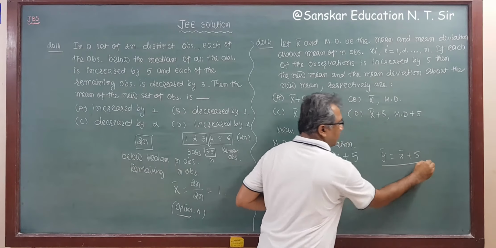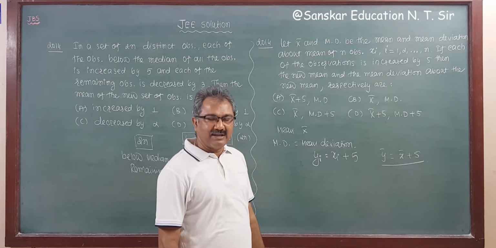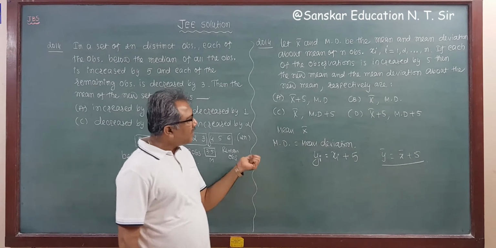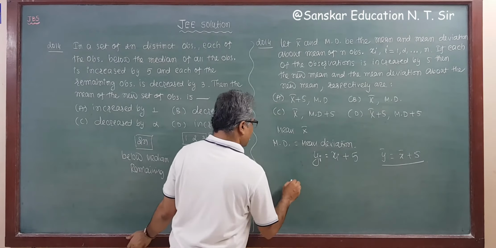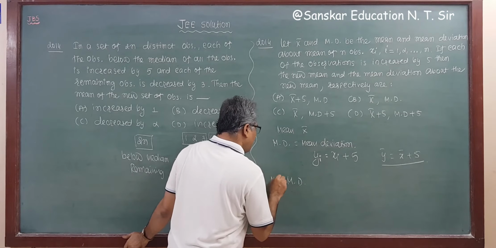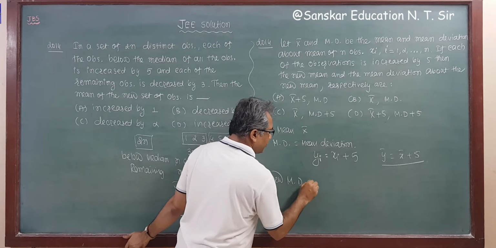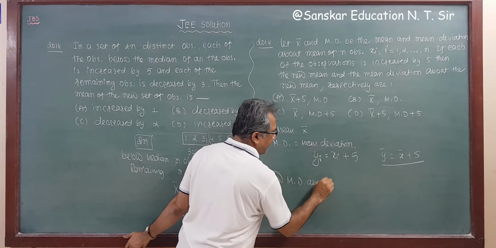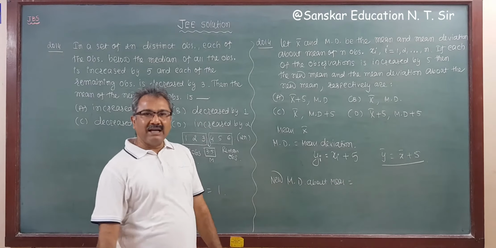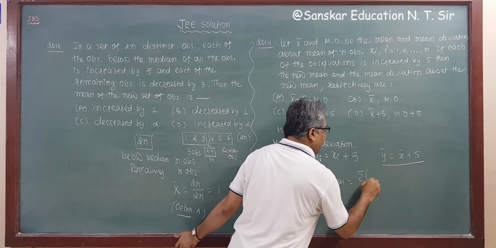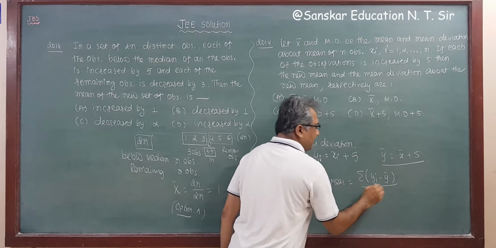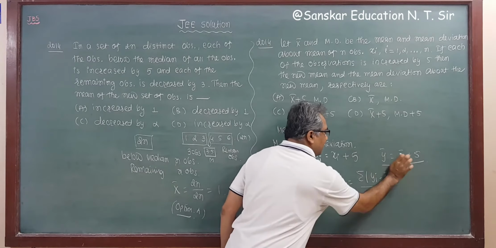And the new mean deviation about the mean is sigma of modulus yi minus y bar, whole upon n.